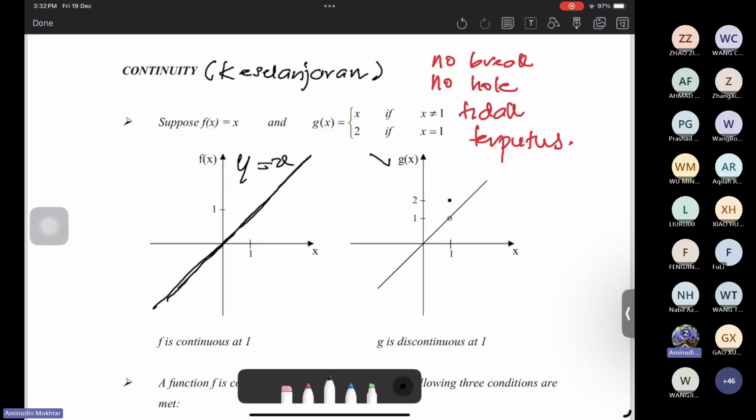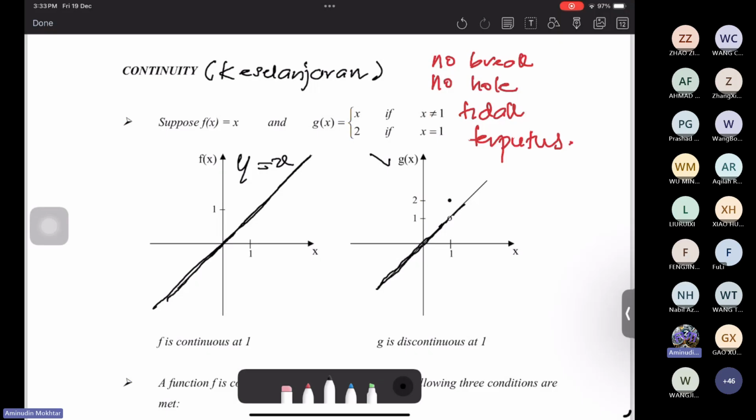When I draw this graph at point x equal 1, I need to jump. There is a jump. When we draw the graph at this point, we need to leave our pen, or we cannot draw the line continuously at x equal 1.